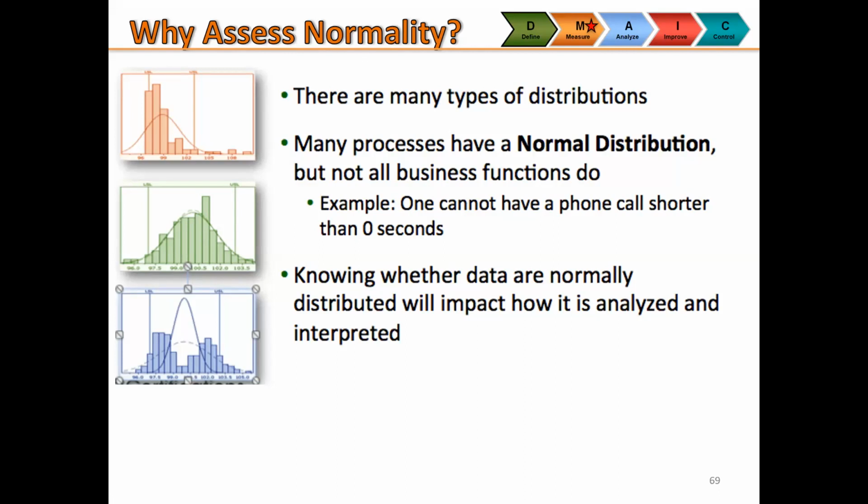So I wouldn't have plus or minus there. So not all business functions will have a normal distribution. And if I know that my data is normally distributed, then it impacts how I can analyze it and interpret it. Like once I know that my weight, my blood pressure, and my pulse are stable, now I can start to ask some questions of the process.